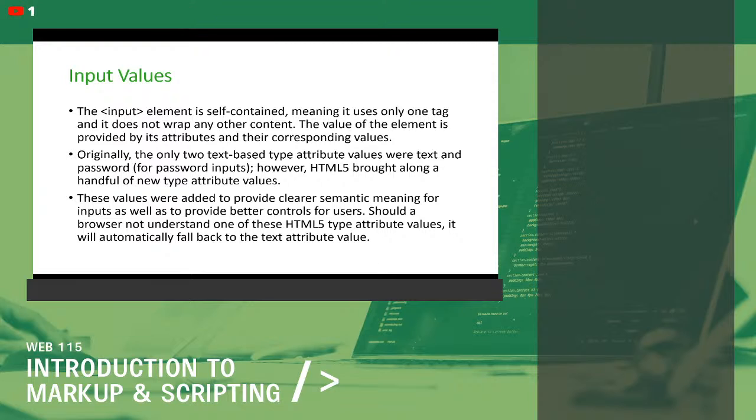And these actually provide us a clearer semantic meaning for these different input types, and it also helps certain users with their input based on what they can add to the form, which is pretty interesting, right? It actually kind of changes the interaction with the text box, and we'll see that in just a minute.